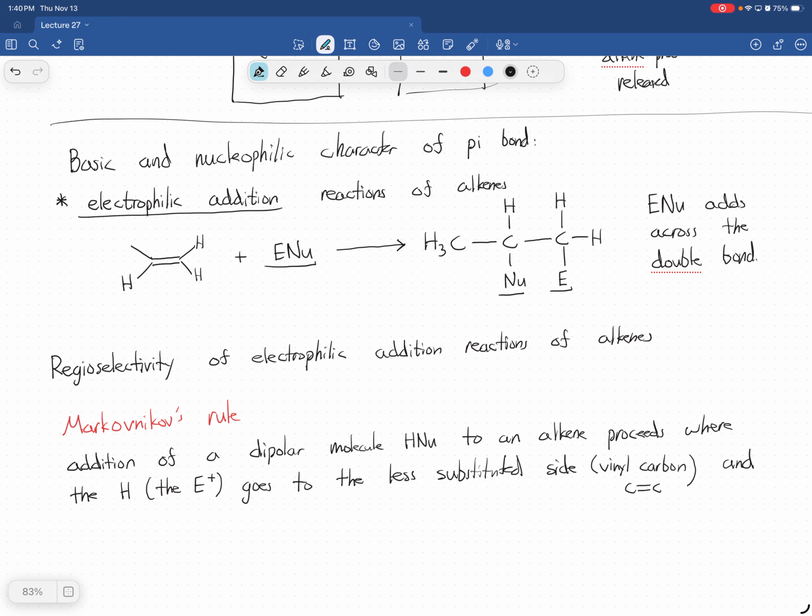And the nucleophile bonds to the more substituted carbon atom.